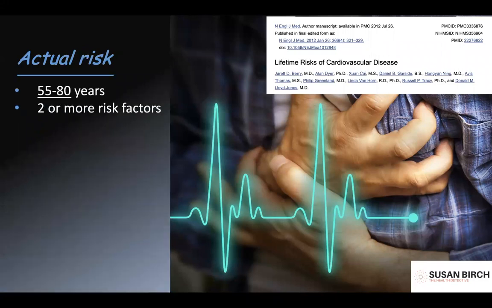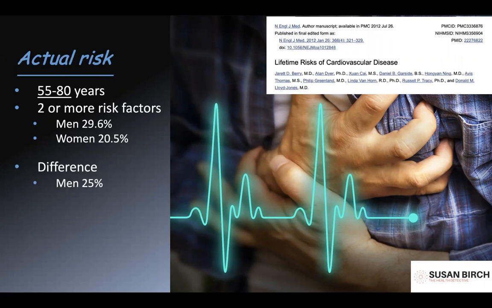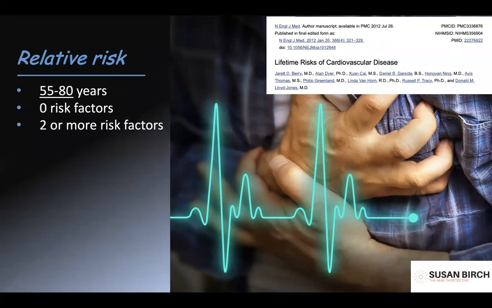The actual risk, if you have two or more risk factors, increases to 30% for men and 20.5% for women. So the actual difference is 25% in men and 13% in women. But if we look at relative risk, what we do is we take the people who have got no risk factors and then the people who've got two or more risk factors.